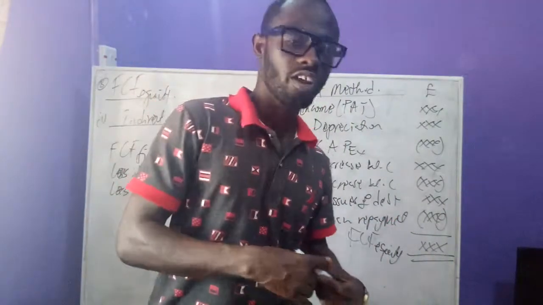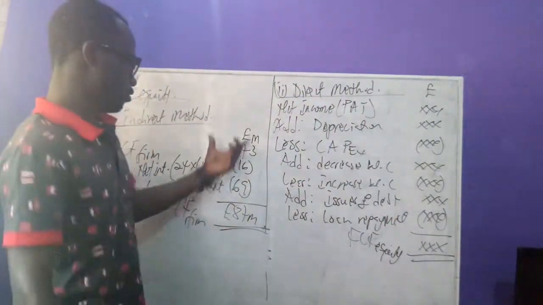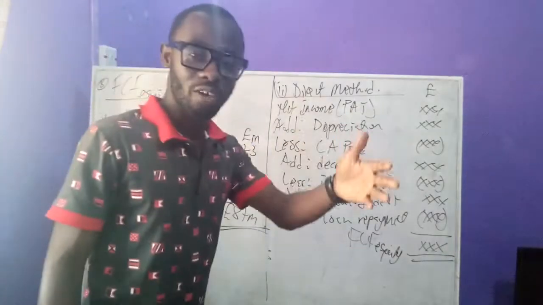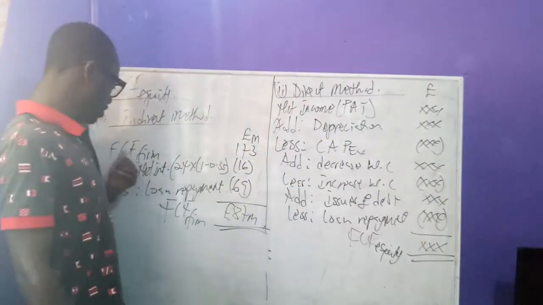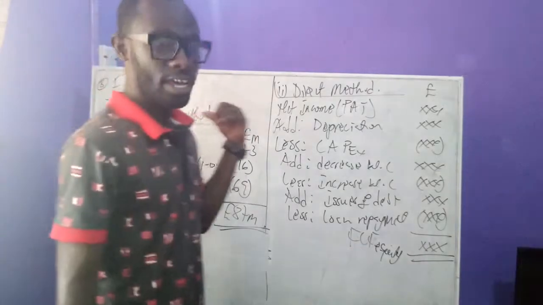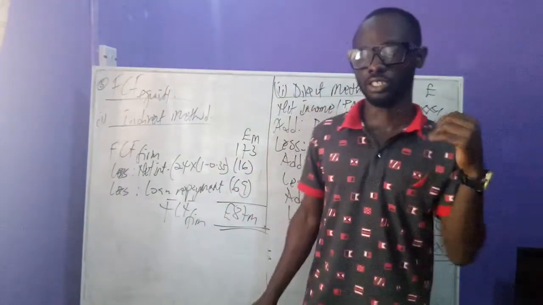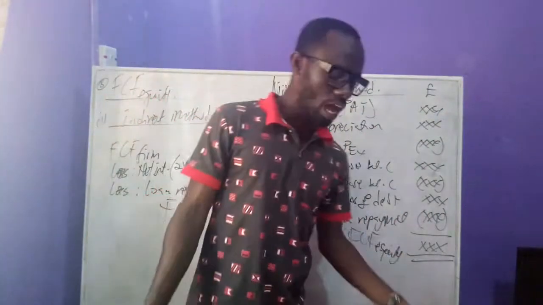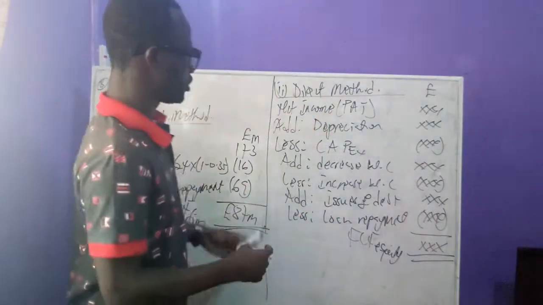So that is the free cash flow to equity using the indirect method. We start with free cash flow to the firm, and then we go through. That's the indirect method. But if we are using the direct method, then how do we go about it?